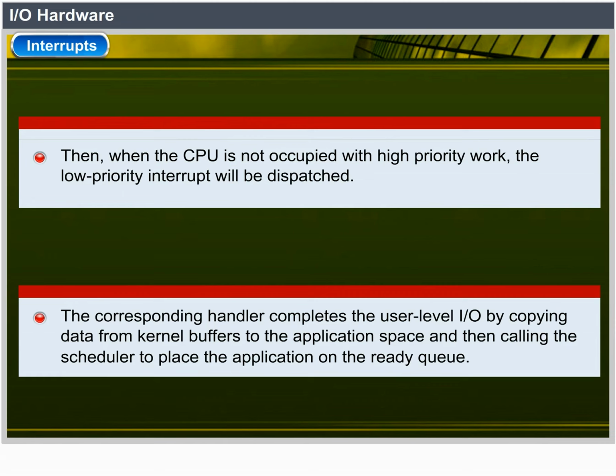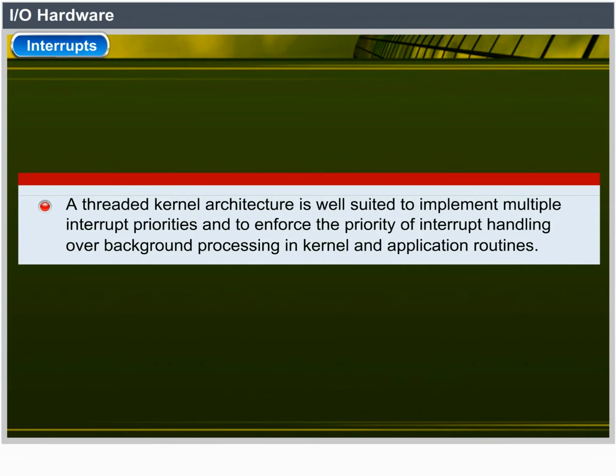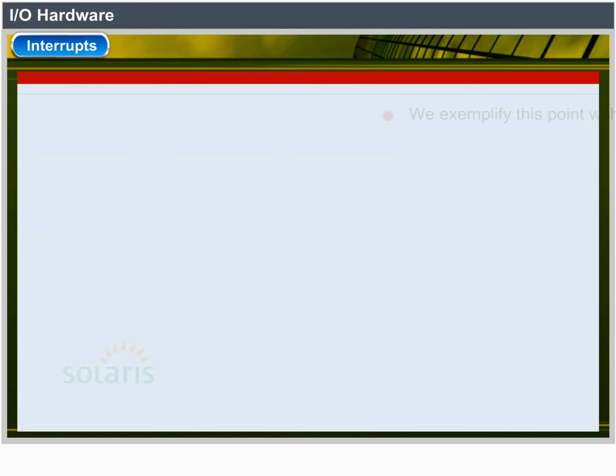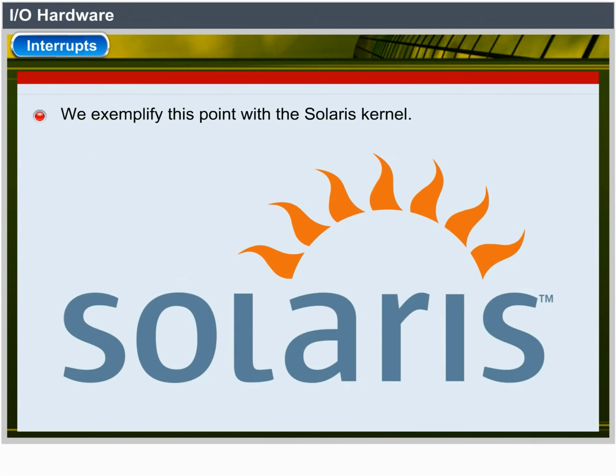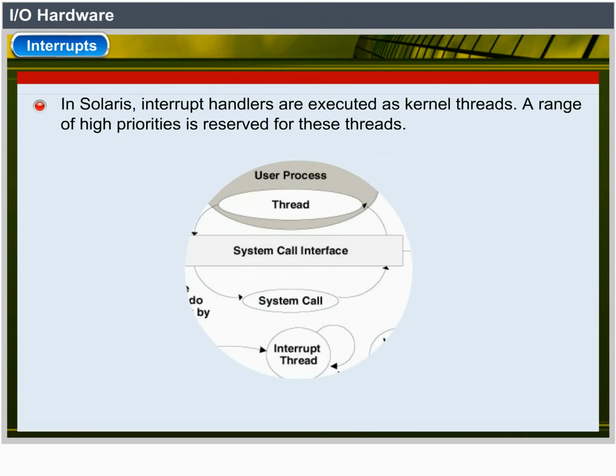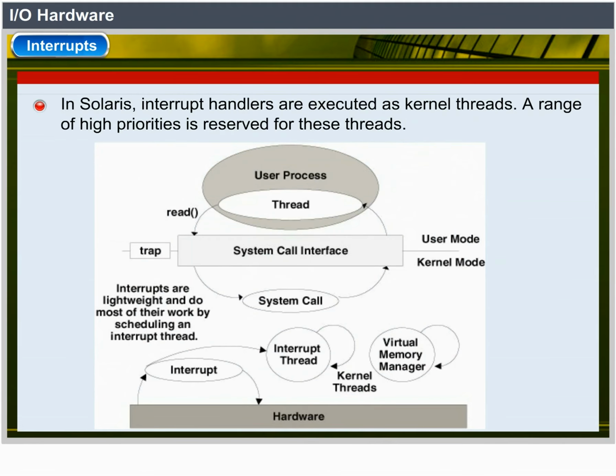A threaded kernel architecture is well suited to implement multiple interrupt priorities and to enforce the precedence of interrupt handling over background processing in kernel and application routines. We illustrate this point with the Solaris kernel. In Solaris, interrupt handlers are executed as kernel threads. A range of high priorities is reserved for these threads.